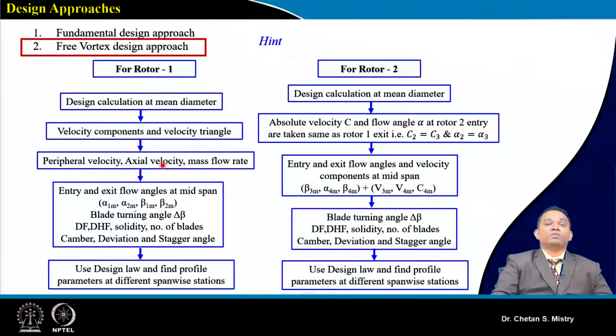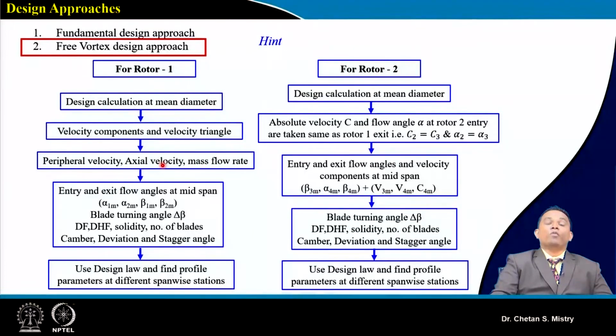Here we will use the free vortex design concept, for which we take CW into R equal to constant for rotor 1. Similarly, for the design of rotor 2, we assume that the flow coming out of rotor 1 with absolute velocity C2 enters rotor 2 with the same absolute velocity.